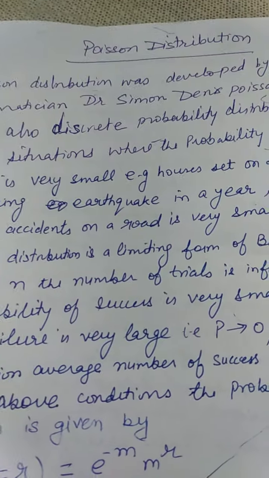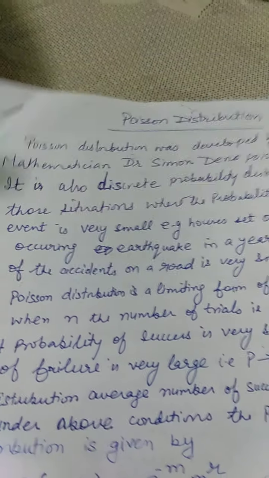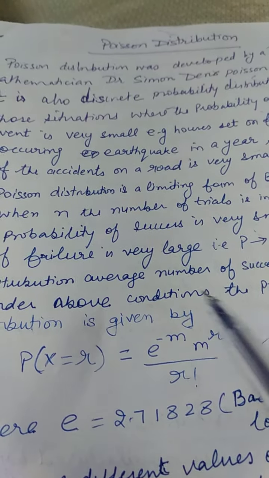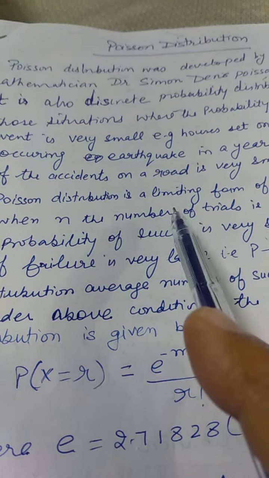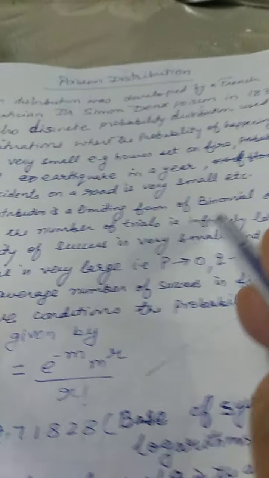Dear students, next topic of your unit 3 is the Poisson distribution. Again, it is a discrete probability distribution, and as we have already mentioned in the previous videos, it is a limiting form of the binomial distribution.